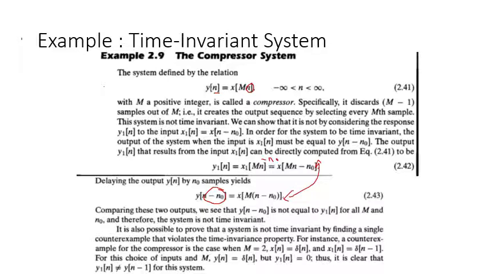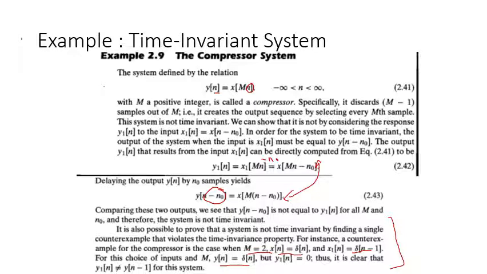There is another way of verifying whether the system is time invariant or not. If m is equal to 2 and we have the signal delta of n, and then we delay that signal, the signal will be shifted delta. Now for this particular input, if we have input delta of n, the output will be delta of n.